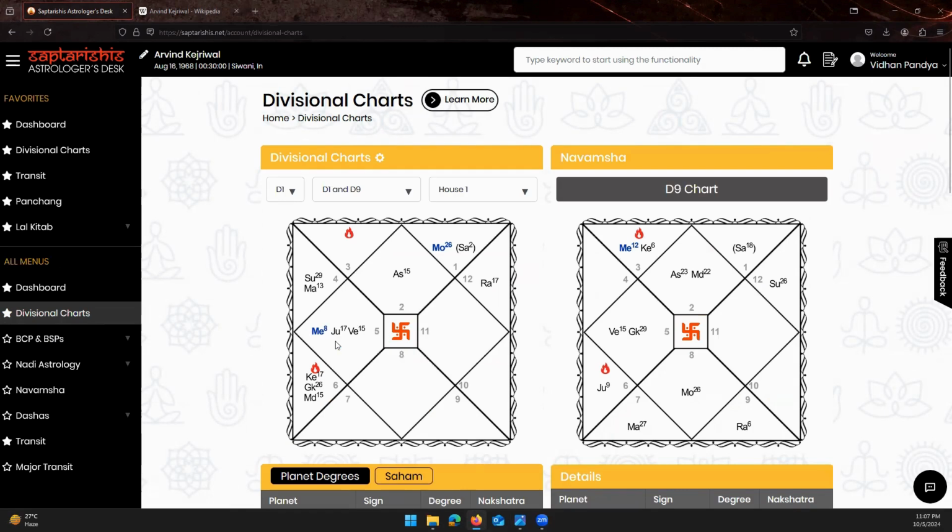All three are natural benefic planets, right? So this must have been a very, very good period for him. Even the Sun has gone to the 12th, but the third house Sun is not so bad. So I'm sure this must have been a good year. Again, we don't know the details, but in general, this is how you will apply this rule.